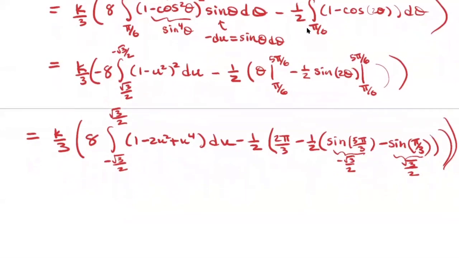Now here come the rest of the antiderivatives. K over 3. I've got the 8. I'm now going to evaluate.